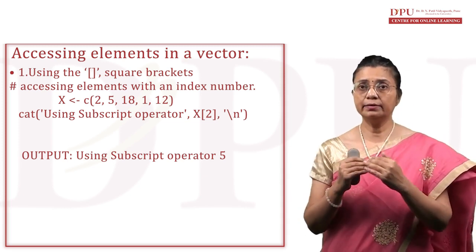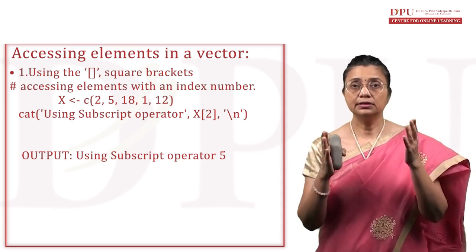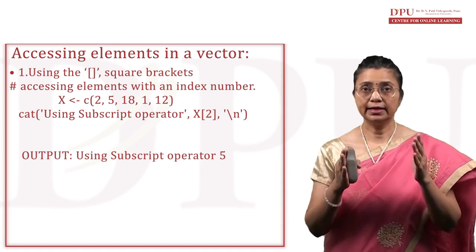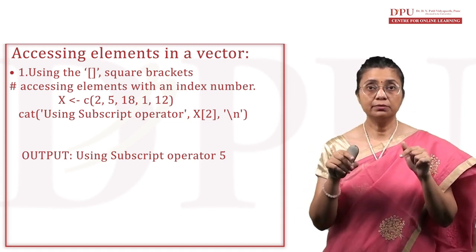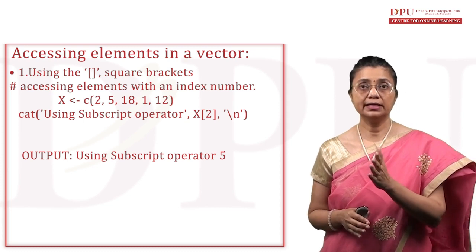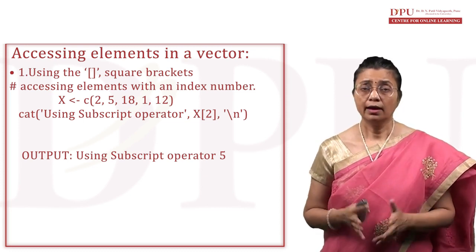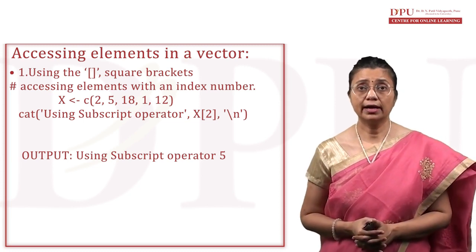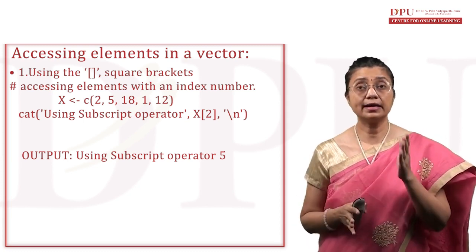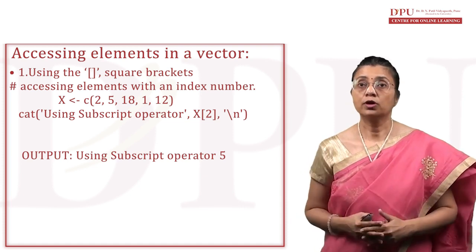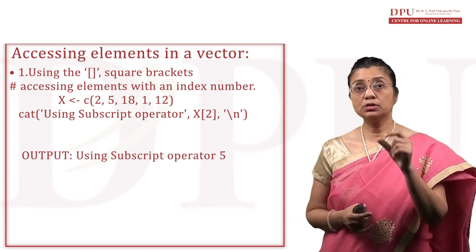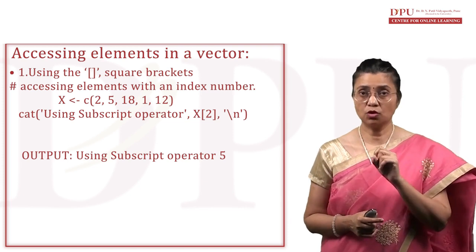By accessing the element with an index number. Now in this example, you can see that x is equal to c and within brackets 2, 5, 18, 1, 12, where you can see 5 values. Then I use the cat function, and using the subscript operator, I write x square brackets 2. Square brackets 2 means it will pull the value from the second index of the vector.